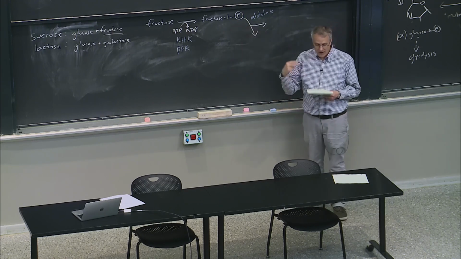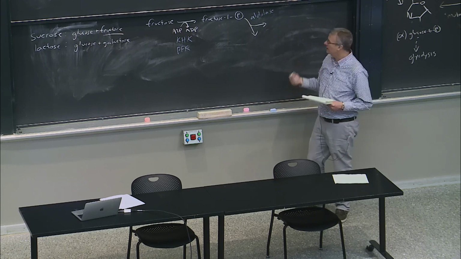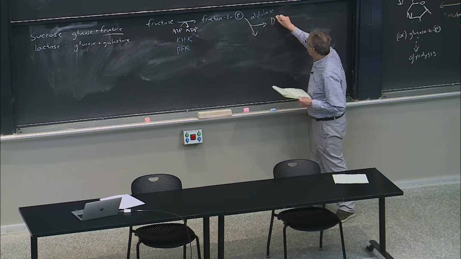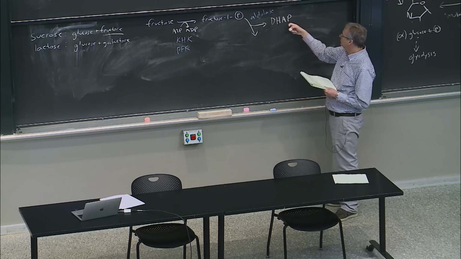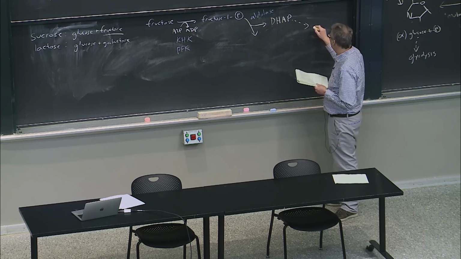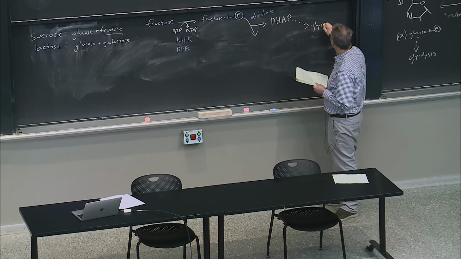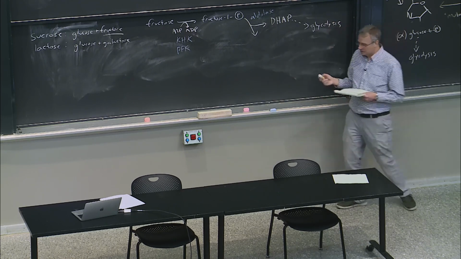Well, here you only have a phosphate on the one position. And so if you look back at how aldolase works, what you'll see is that if aldolase acts on fructose 1-phosphate, you'll generate a dihydroxyacetone phosphate. That phosphate will go to the dihydroxyacetone half, which of course is perfectly good substrate for glycolysis.